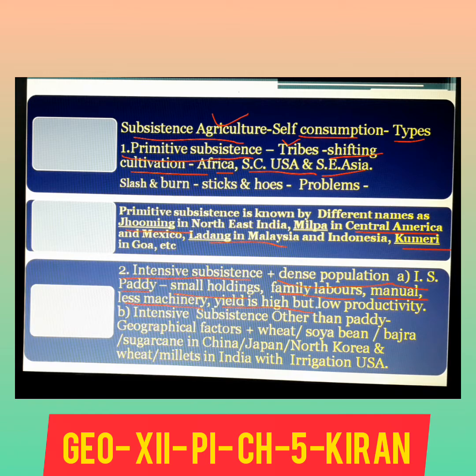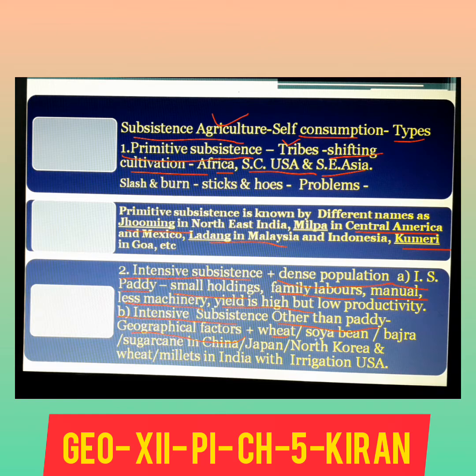Since the agricultural land holdings are very small, the cultivation of crops has to be continuous to meet the demand for food grains. And the second type of intensive agriculture is intensive subsistence dominated by crops other than paddy or rice. Different crops are cultivated according to geographical factors like climate and soil.